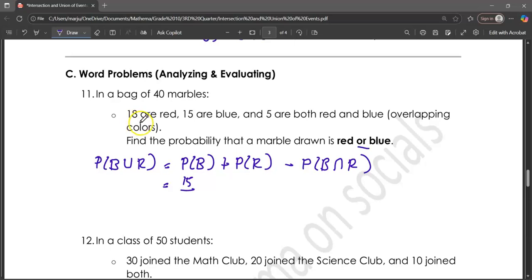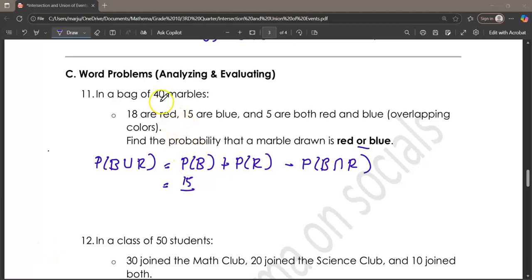So if you add this, this will give you 18, and then plus 15 minus 5. So, ilan yan? Is that 40? No, it's not 40, it's 28.